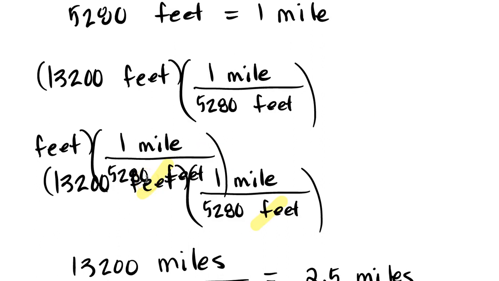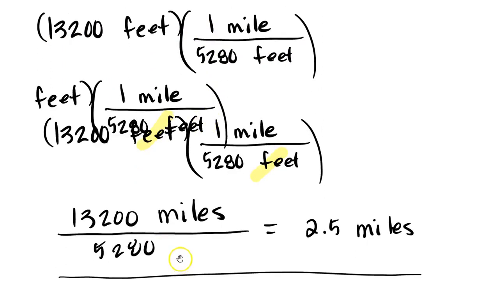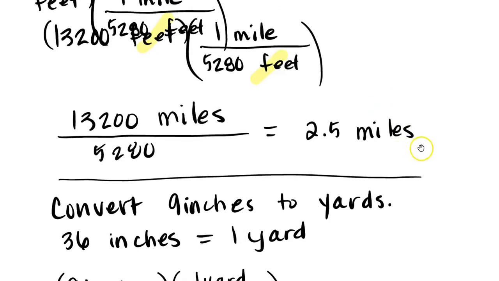So my feet here cancel with my feet down at the bottom. So we have 13,200 times 1 over 5,280, and that equals 2.5 miles.